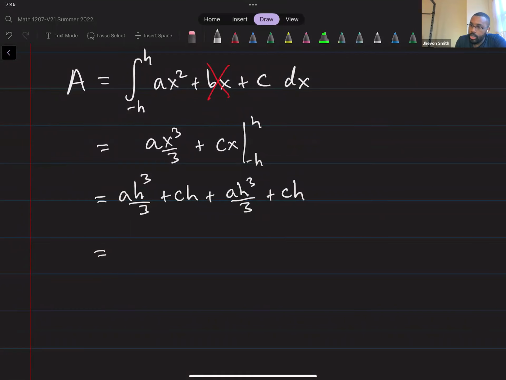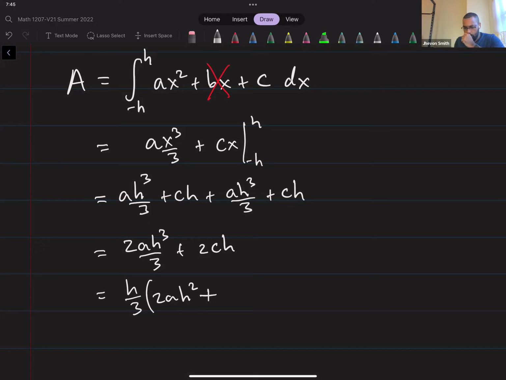So this gives me 2ah cubed over 3 plus 2ch. We can factor out an h over 3. And then I would have 2ah squared plus 6c, because then it's 6 divided by 3. Okay. So we have that.